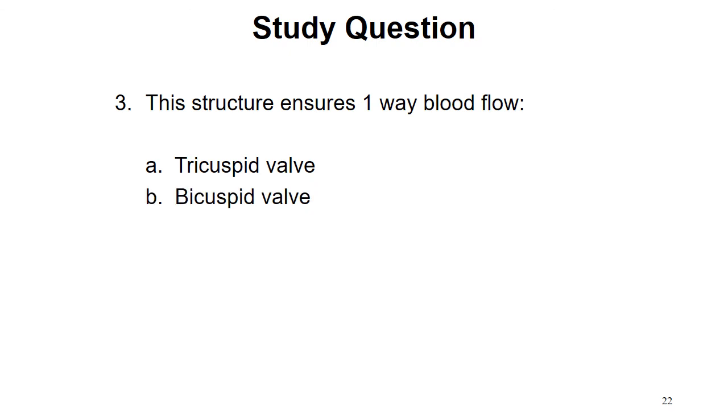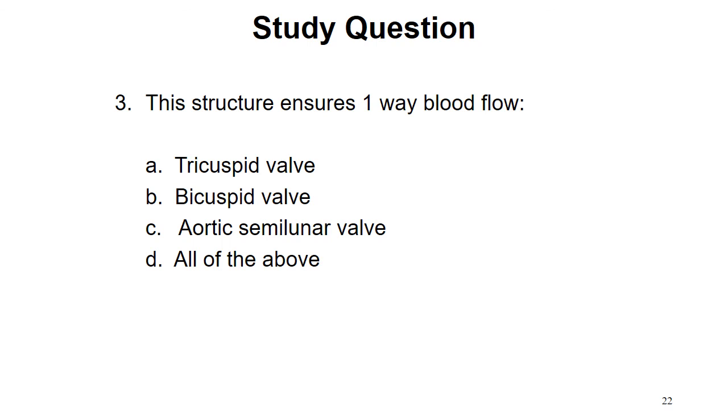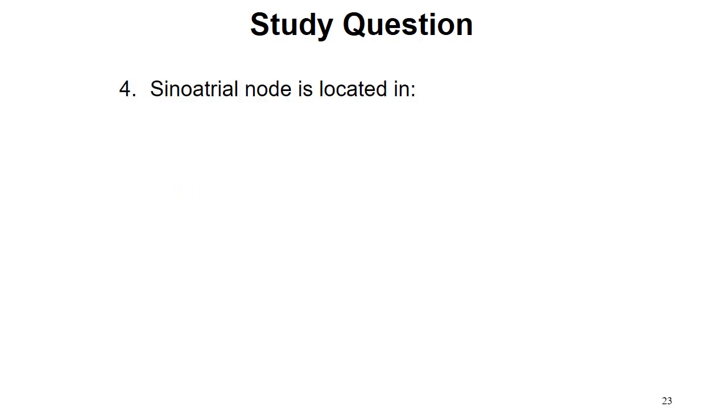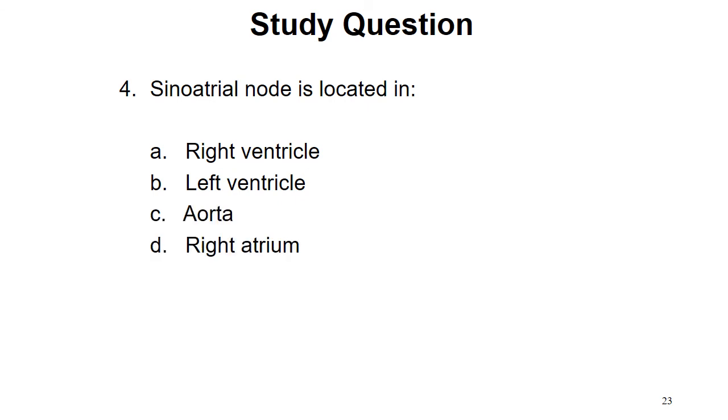This structure ensures one-way blood flow. Tricuspid valve, bicuspid valve, aortic semilunar valve, all of the above. The job of a valve is to ensure one-way blood flow. So all of these are valves which have the same function. So letter D. The SA node is located in the right ventricle, left ventricle, aorta, right atrium.